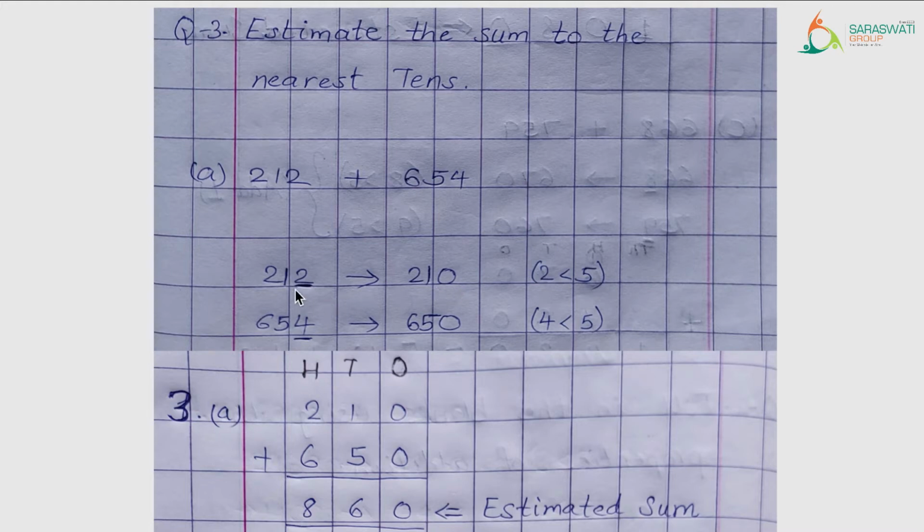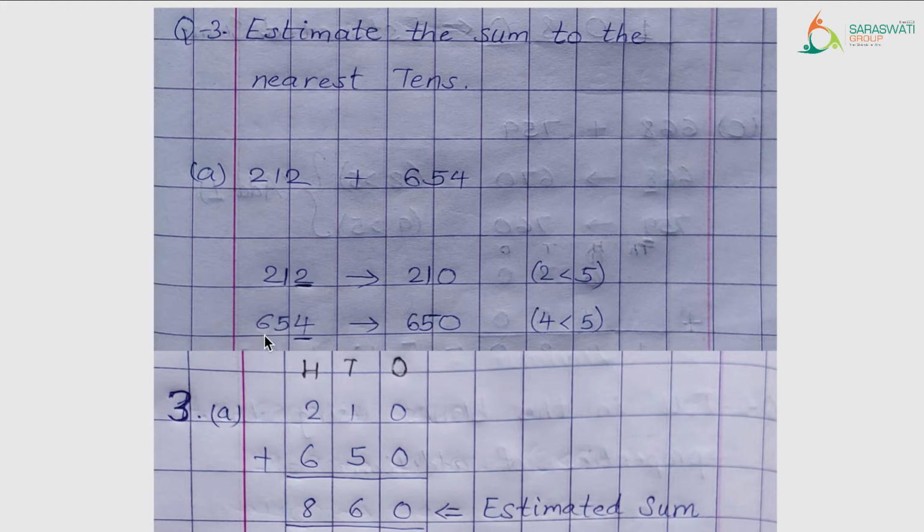And the remaining digits before the 2 will remain as it is, because the 2 at the ones place is less than 5. So the rounded off number will be 210. 21 as it is and we have replaced the last ones digit with 0, right?